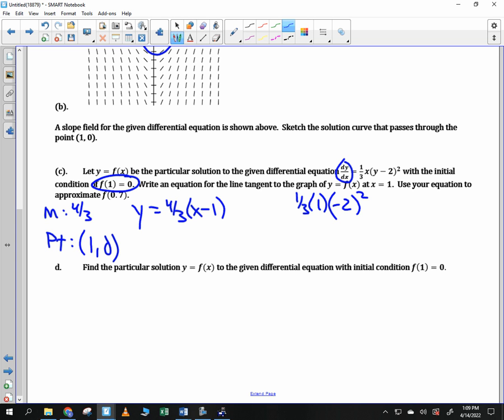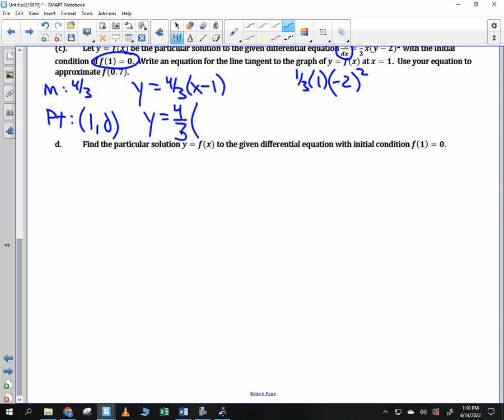Now it says use your equation to approximate f of 0.7. So use your line to approximate f of 0.7. What do you think I do with 0.7? Plug it in. So watch this. y is equal to 4/3 times what is x? 0.7. 7/10 minus 1.